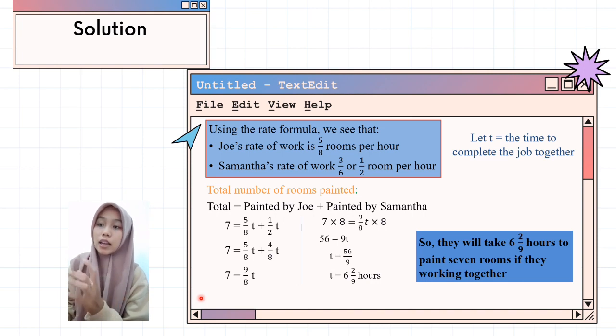Let T be the time to complete the job together. So total rooms equals rooms by Joe plus rooms by Samantha.